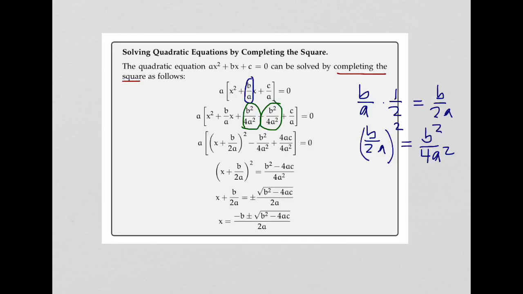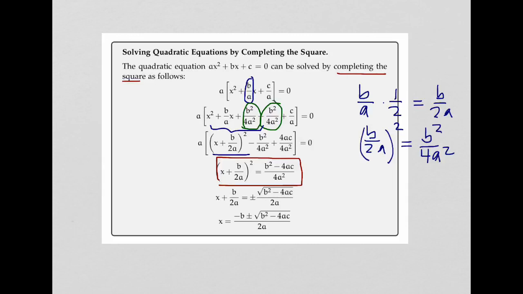When we do that, the first three terms give us a perfect square, specifically x plus b over 2a all squared. We continue with the algebra to get x plus b over 2a squared equals b squared minus 4ac, all divided by 4a squared.